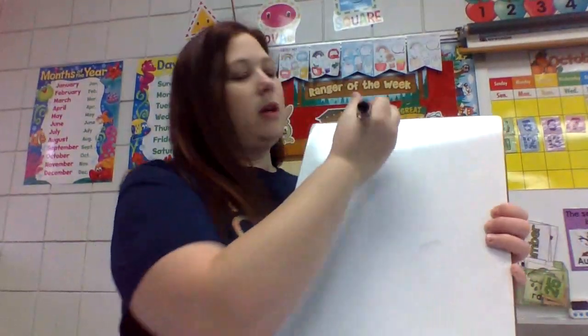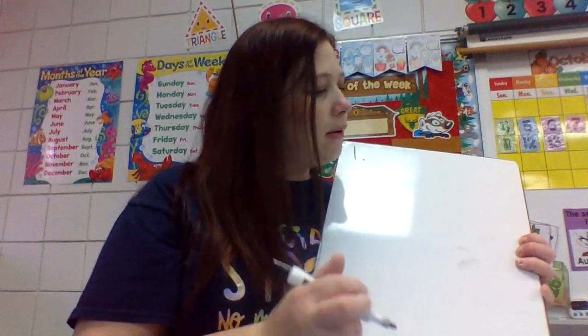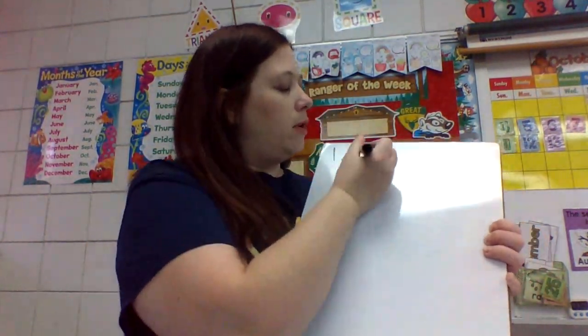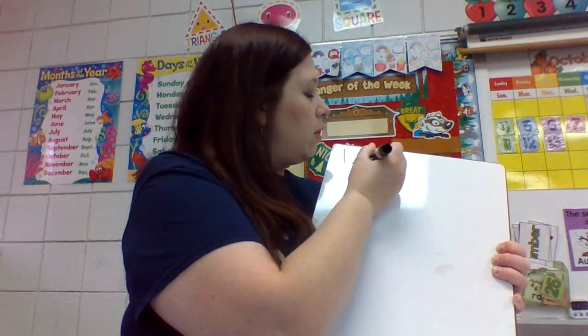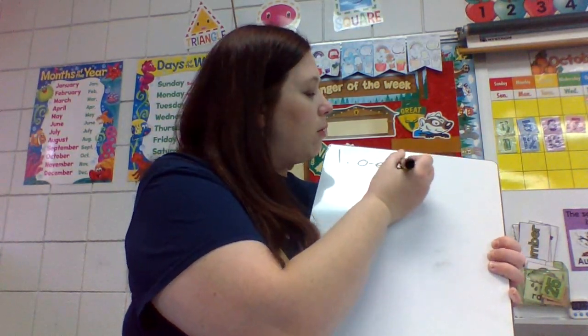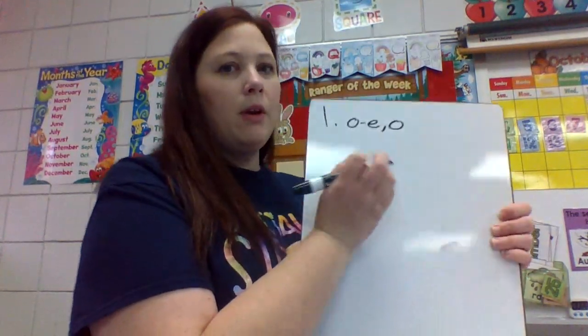So we have our number one letter sound is O. So what are ways we can write O? We have O, consonant E, or O. Okay.